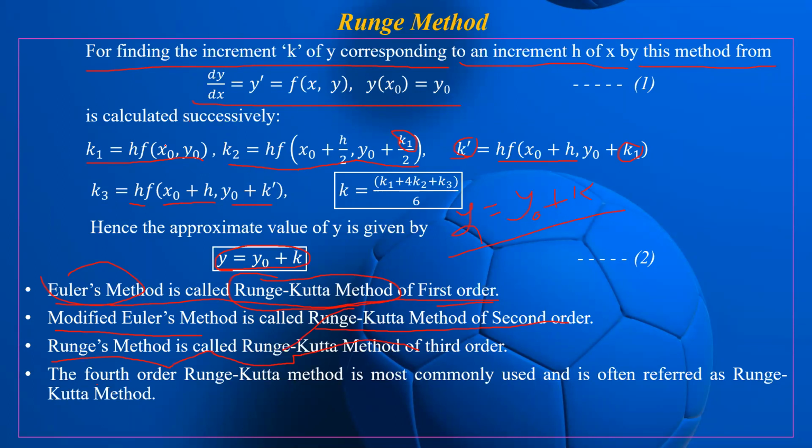Today we discussed both methods, and the last one, the fourth order RK method, is most commonly used and is often referred to as the Runge-Kutta method of fourth order. So if a question comes from the RK method, we will always use the fourth order RK method.